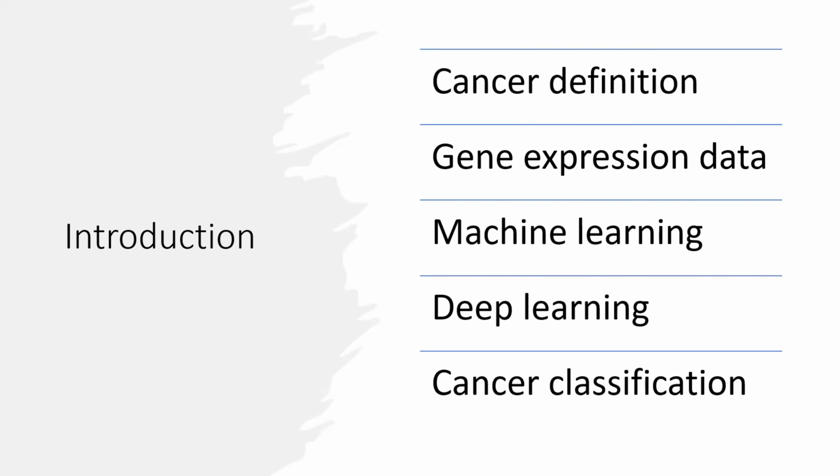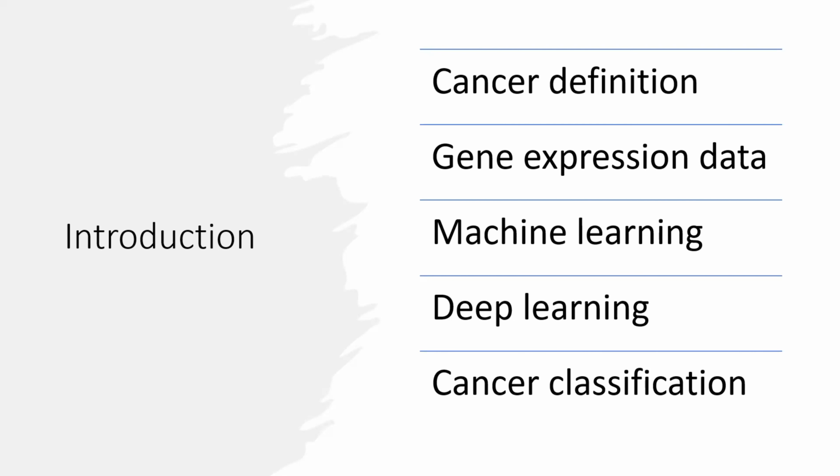These tools provide gene expression data between cancerous and non-cancerous samples, and they open the door for researchers to develop different mathematical and statistical methods for analyzing this huge data.